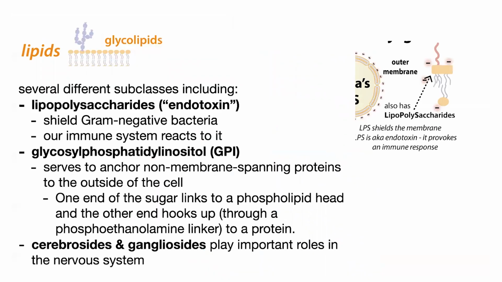Okay, so another group of glycoconjugates that bacteria have that's really important is glycolipids. So lipids, like the membranes of cells, and then glyco, that's the sugar part. You might have heard of endotoxin. That's LPS, lipopolysaccharides.